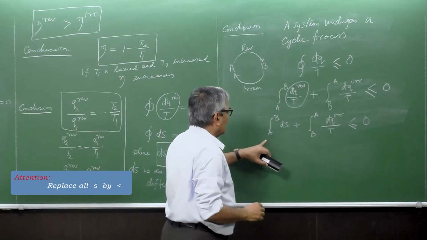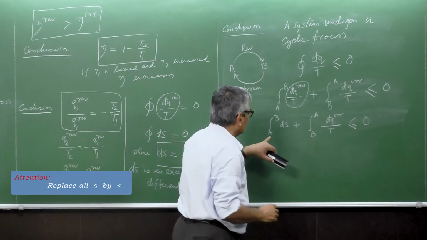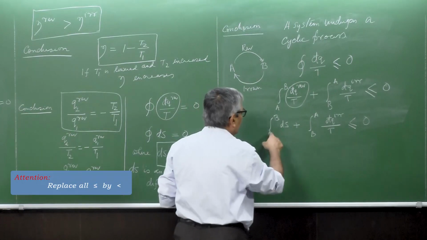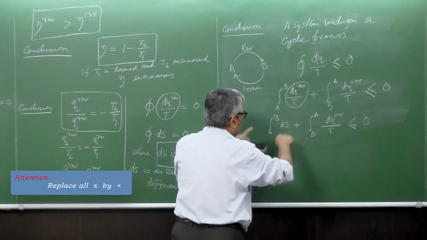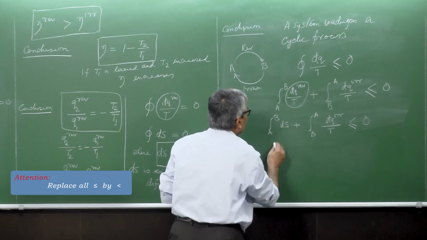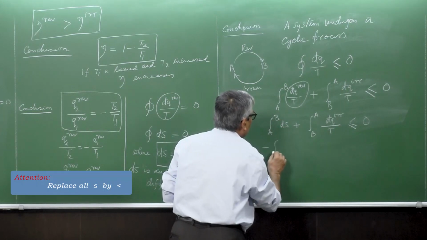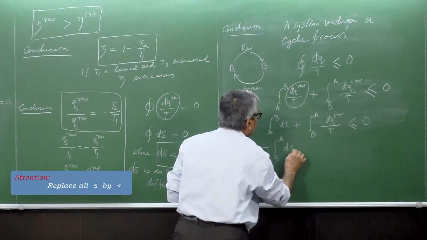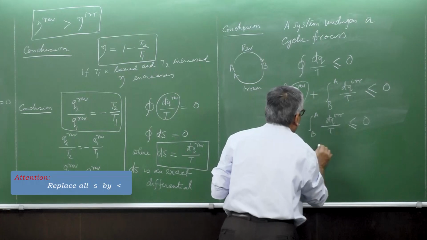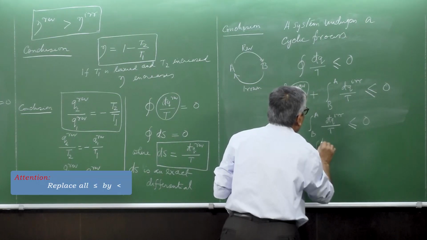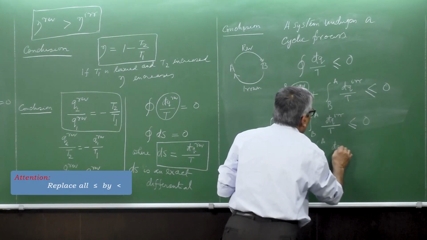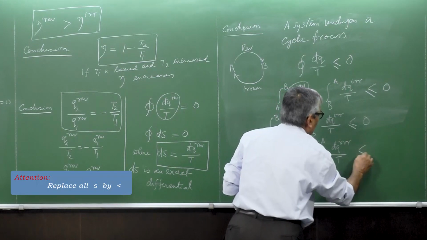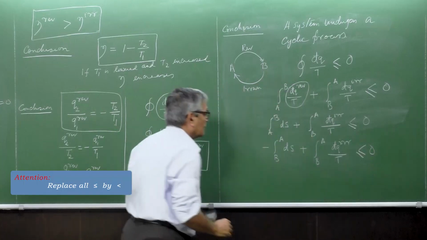There are two limits, A to B and B to A. I interchange the limits, which means there will be a minus sign: minus B to A dS plus B to A dQ irreversible by T less than or equal to 0.